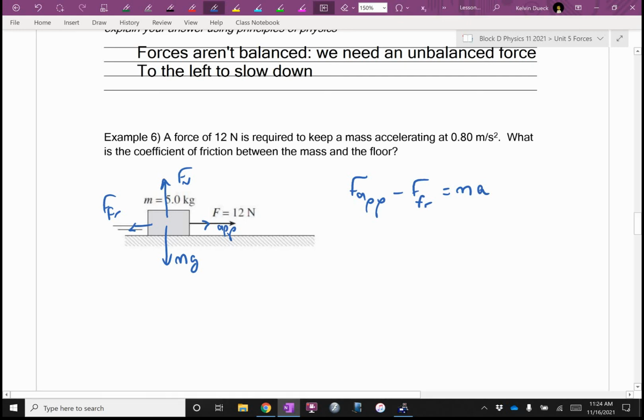So I'm going to get friction by itself first. That's step one. What's right in front of the friction that I don't like? Swappy dance. I'm going to plus this to there. I'm going to minus this to there. And I'll get F applied dropping down like a domino minus MA. That equals friction.